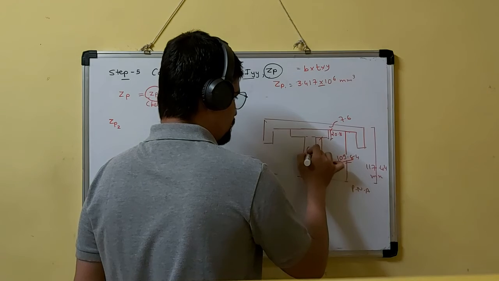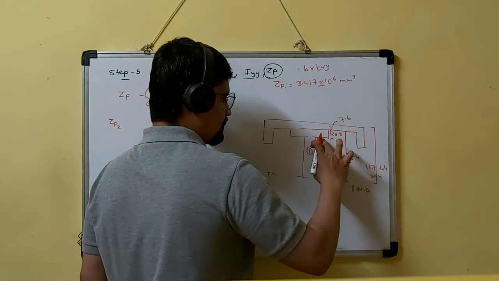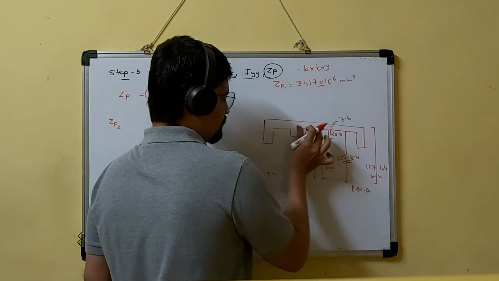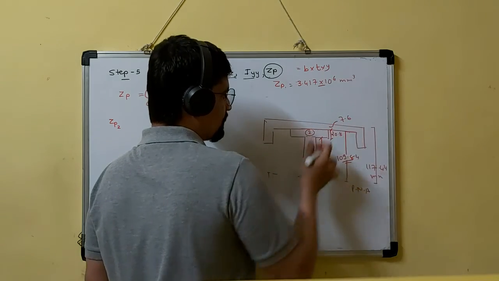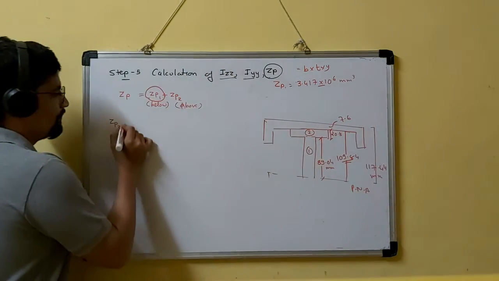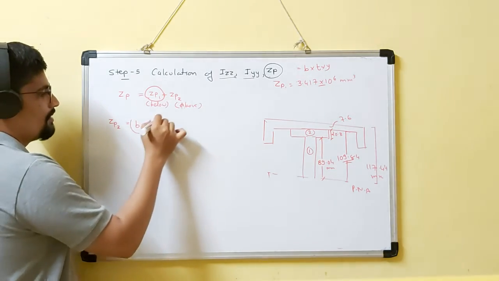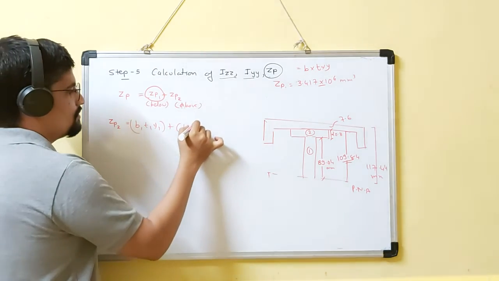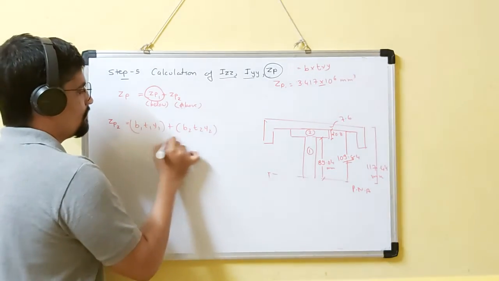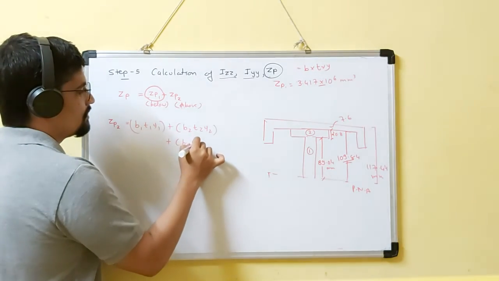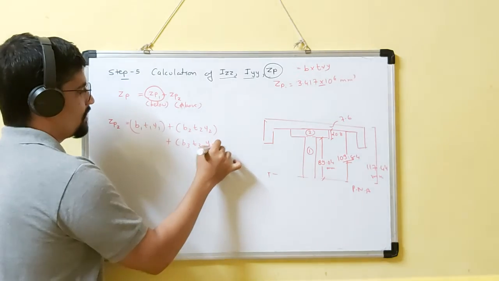This is the first section, with width 12, height 89. This is the second section, with width 210, height 20.8. This is the third section. So ZP2 means B1, T1, Y1 plus B2, T2, Y2 plus B3, T3, Y3. There will be 3 sections.